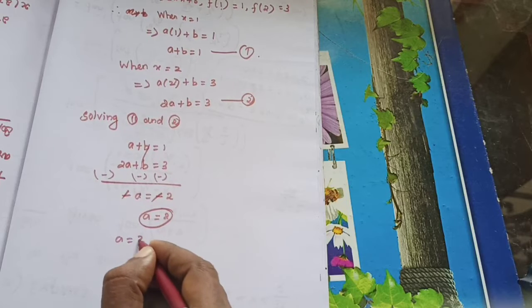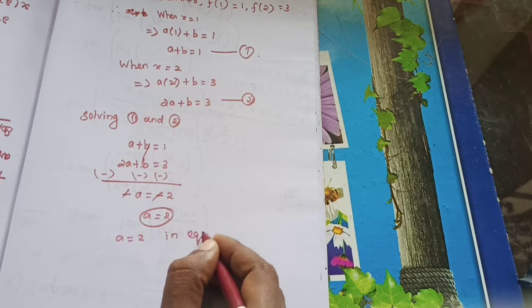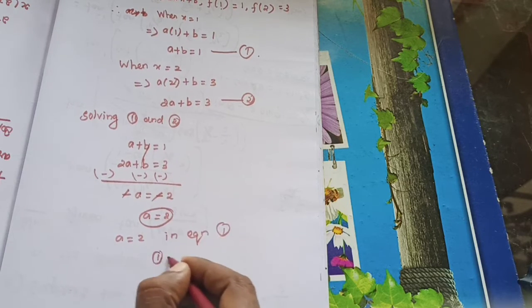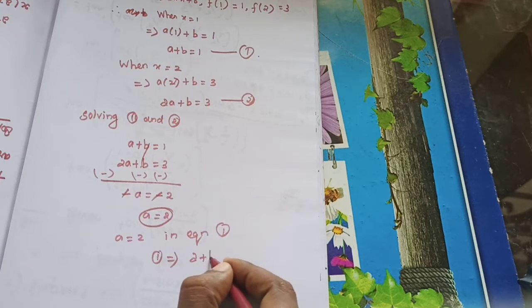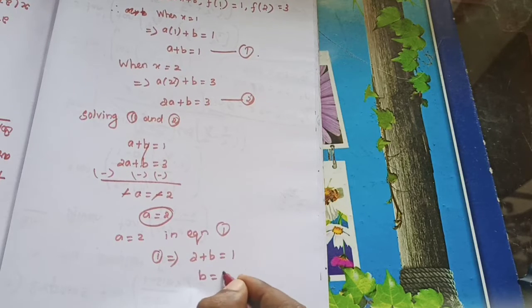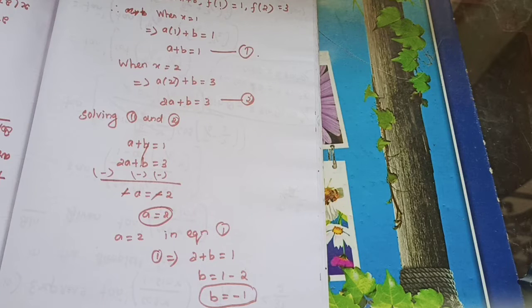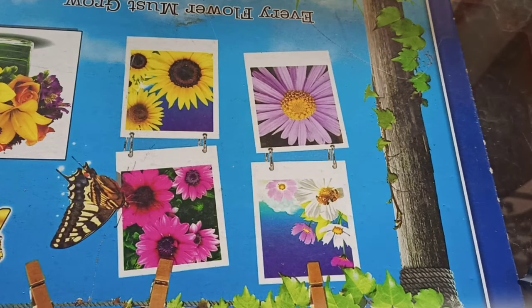Then substitute a equal to 2 in any one of the equations, in equation 1. So what will happen? 2 plus b equal to 1. So b equal to 1 minus 2, that means b equal to minus 1. Okay, so this is the answer. Understand, students? Okay, next problem.